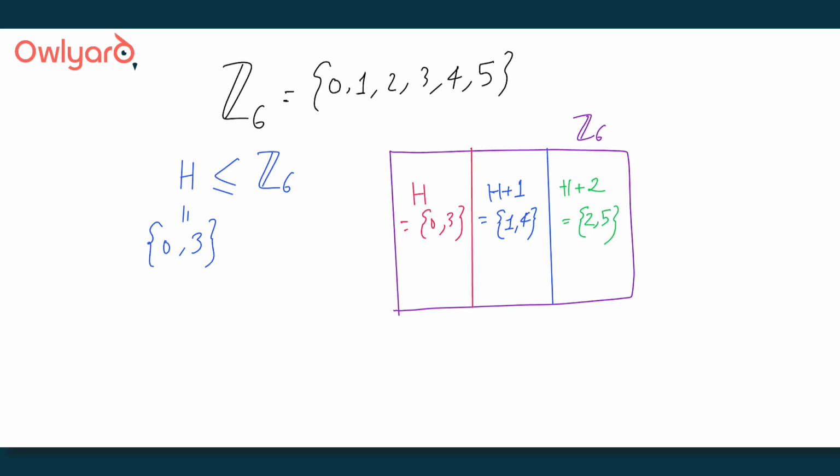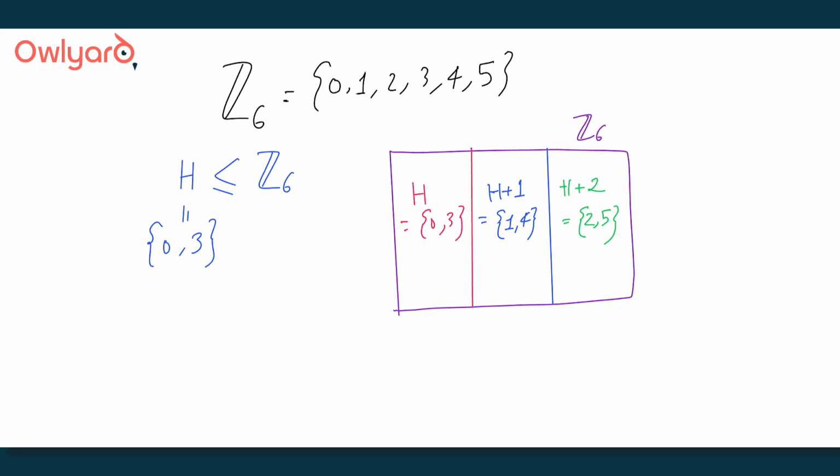And also note that it has some nice properties. So H is a subgroup of Z6. That means H itself is a group. H plus 1 and H plus 2 are not groups. They don't form a group because they don't have the additive identity, which is 0.